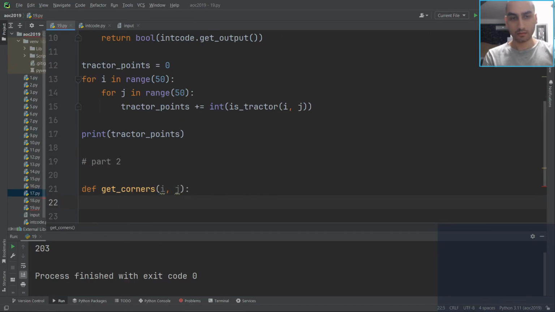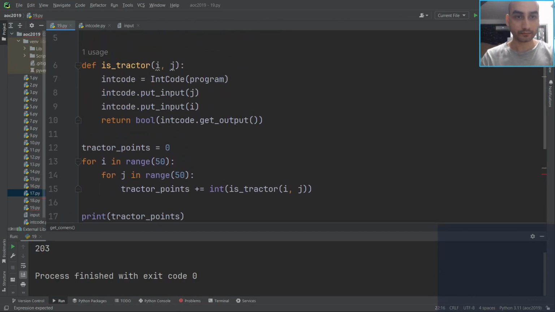So top left is going to be just i and j. So we're saying that it's cornered on that point. So top left will be this.